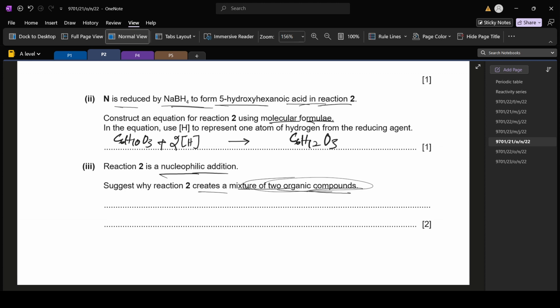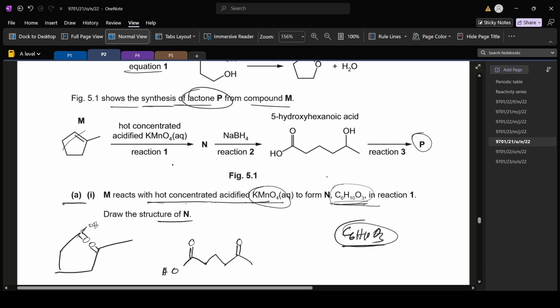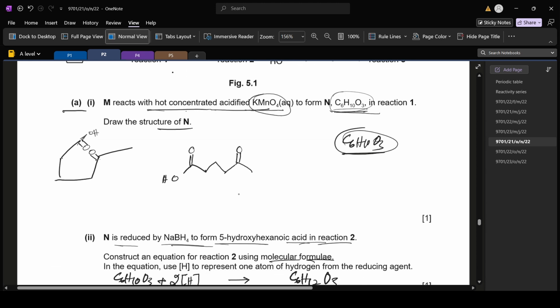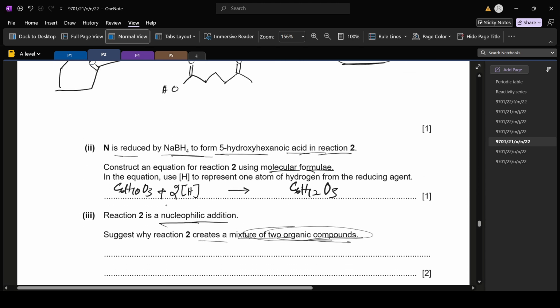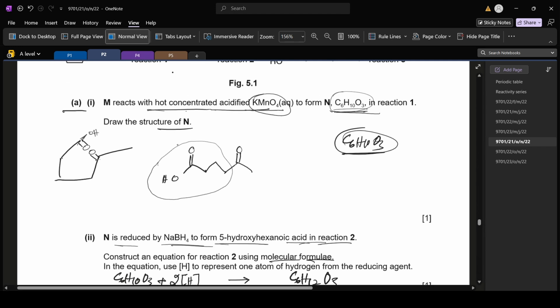Now this is an important part. When N is reacting with NaBH4, this part is not reacting, only this ketone is reacting.